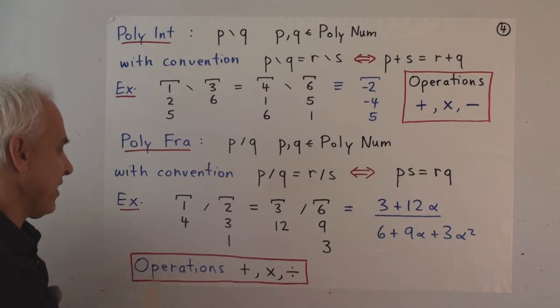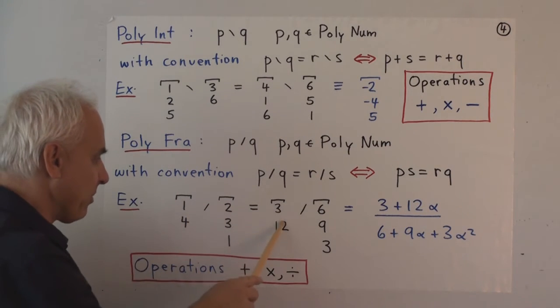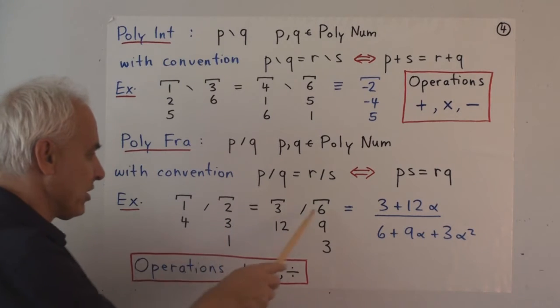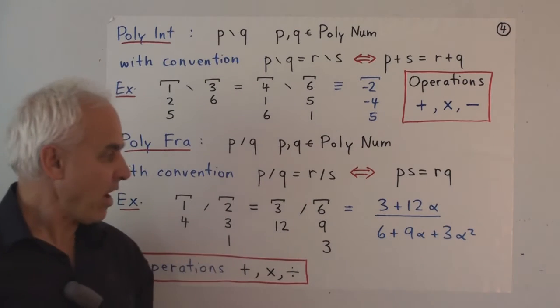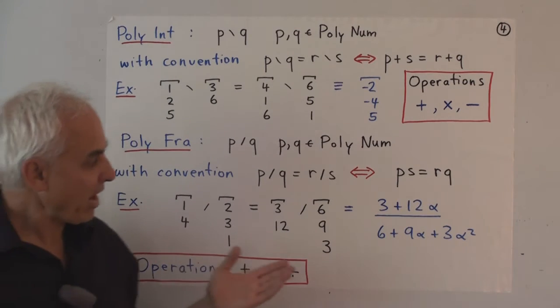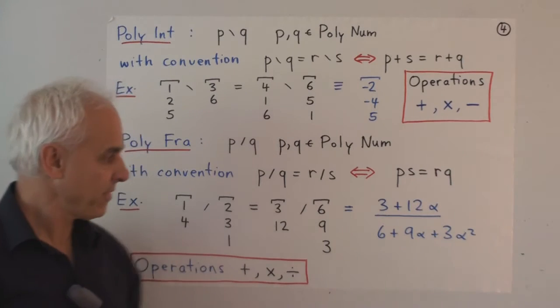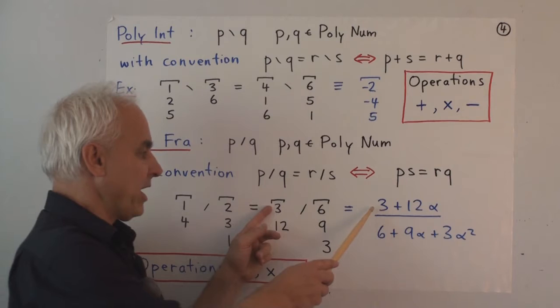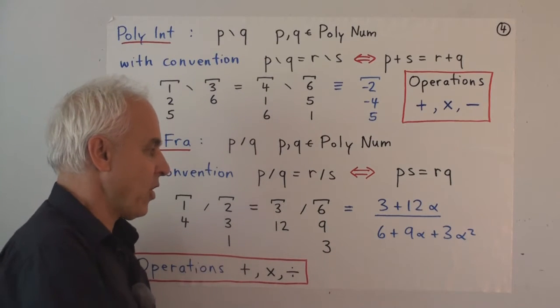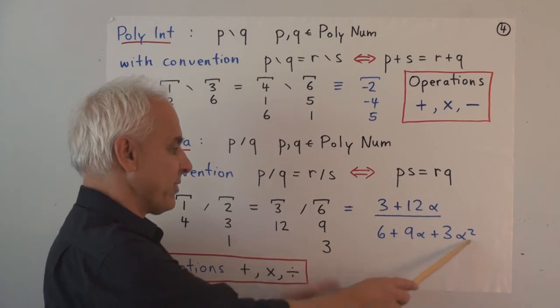Or a simpler way of seeing it is just that if you take this one and you multiply by 3, you get that. You take this and you multiply by 3, you get that. Now, this is a strange kind of object until you perhaps rewrite it in standard alpha form. If you do that, then say this one here would be 3 plus 12 alpha over 6 plus 9 alpha plus 3 alpha squared.